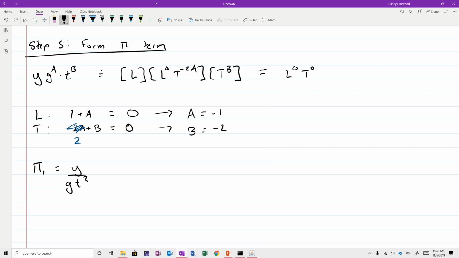And then step 6 is repeat this for any other non-repeating variables. In this case, we only have the one non-repeating variable, so we're done. Step 7 is check, make sure that it is actually dimensionless. So we've got length over time squared times time squared. We can see by inspection that we're going to end up with a dimensionless quantity.